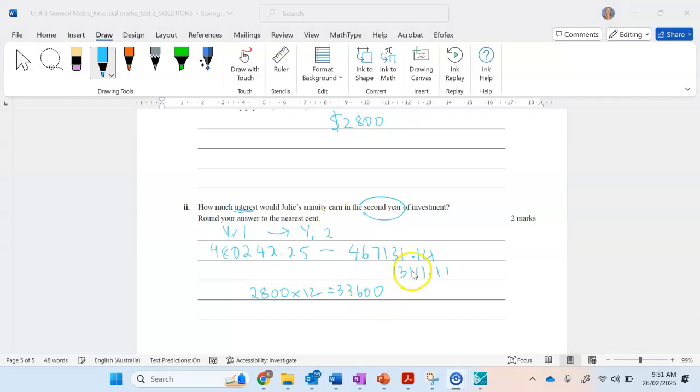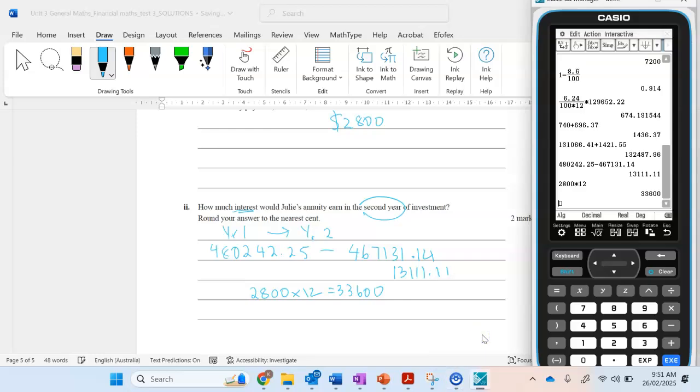The difference between these two values is how much interest she receives. So we'll go back to the calculator. We're going to subtract, and I can just copy this down by highlighting and dragging it down.